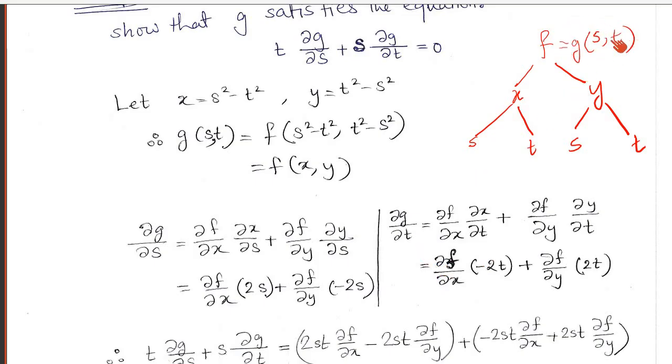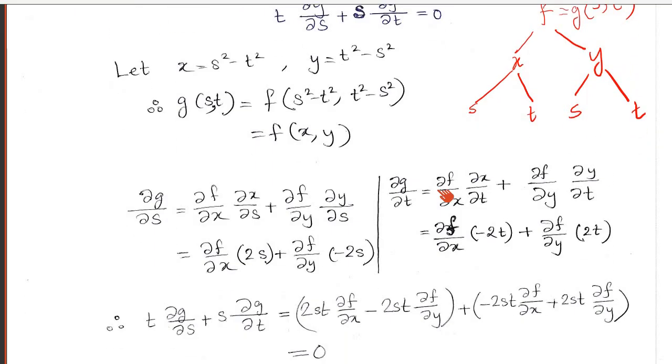g of s, t, differentiate g with respect to t. So with respect to t, we are going to the second segment. Differentiation of f with respect to x, differentiation of x with respect to t, plus df with respect to dy, dy with respect to dt. That completes the second term.